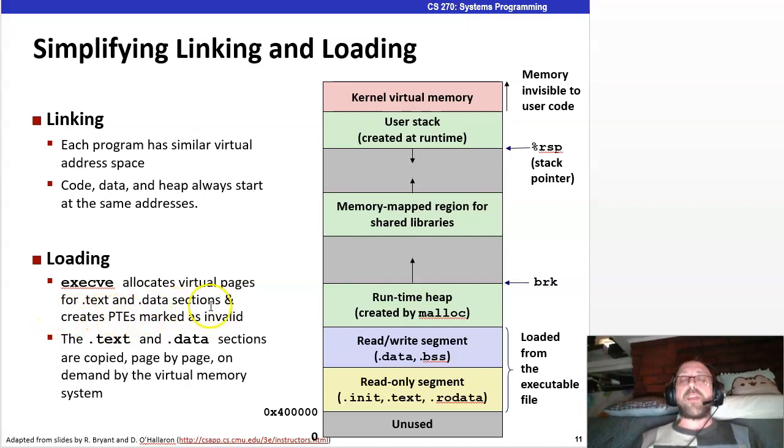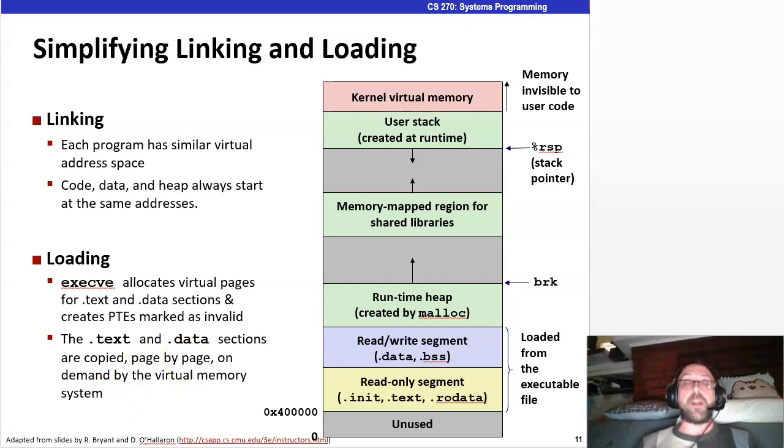We'll see a little bit later why they would be marked as invalid to begin with. And then on demand, as we use the code in our program or the data in our program, things will be loaded from disk. We'll see a little bit more about that when we talk about caching in a minute.